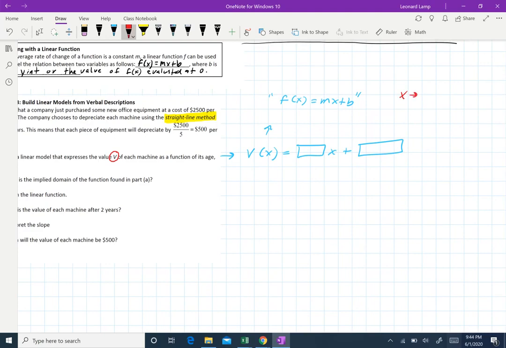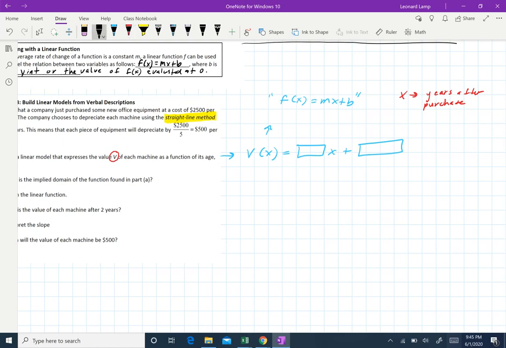So the first thing we have to realize is that X is representing the years after purchase. That's what the variable stands for. If you substitute in 0, that's the year that you just purchased it, so year 0. If you substitute in 1, then you're substituting in 1 year after you purchase it, and it wants you to be able to come up with that function value.